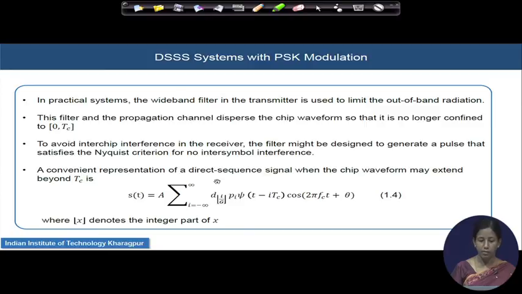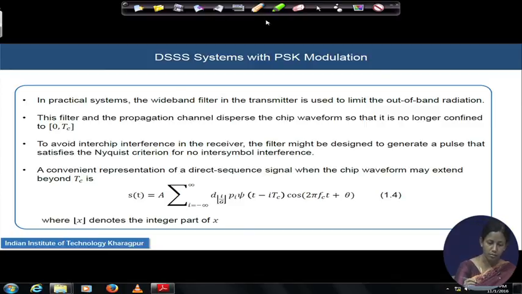Usually what happens in a practical communication system is that you start with a nice rectangular chip waveform, right, but once this chip waveform is passed through a wideband filter or through the wireless communication channel, both the filter as well as the channel disperse the signal and the waveform gets changed like this. So, the fundamental effect that we see is that there is a spillover because of the dispersion of the filter as well as the wireless communication channel.